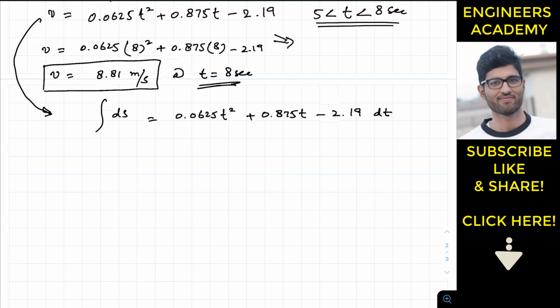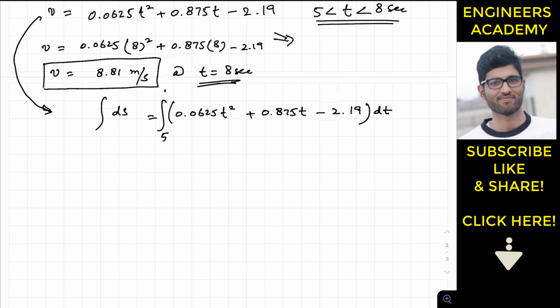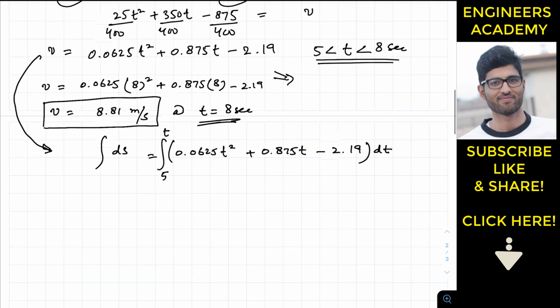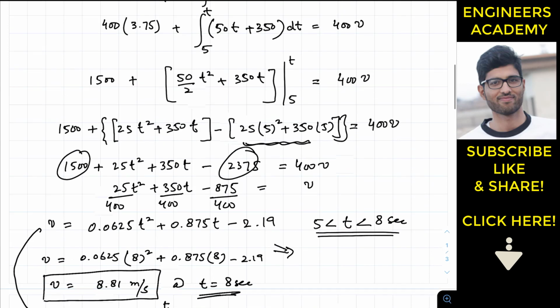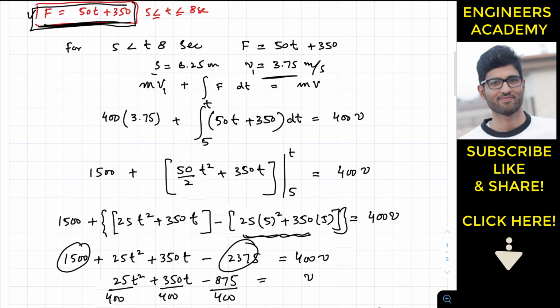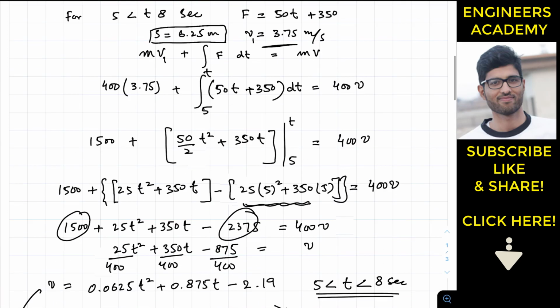Similarly, we need to integrate this to get the s of t equation, from t equals 5 to t, and at t equals 5 seconds the s value is 6.25 meters.